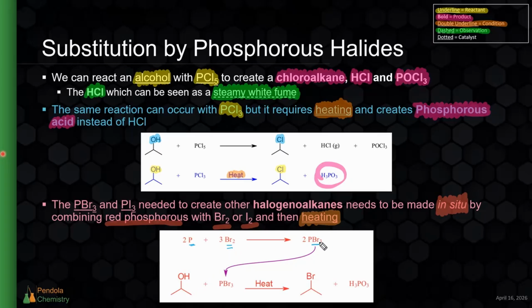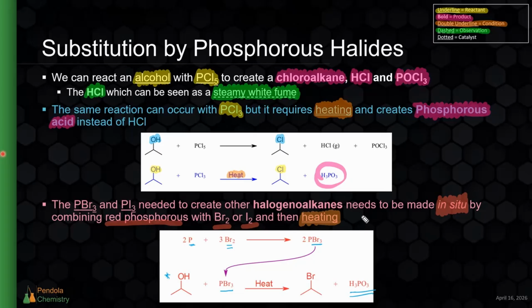So the PBr3 is made in this initial reaction between the phosphorus and the bromine. And that PBr3 then can automatically react with the alcohol to replace the OH group for a Br, create a bromoalkane, and again create that phosphorous acid, H3PO3.